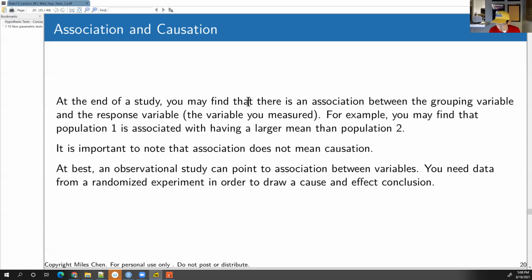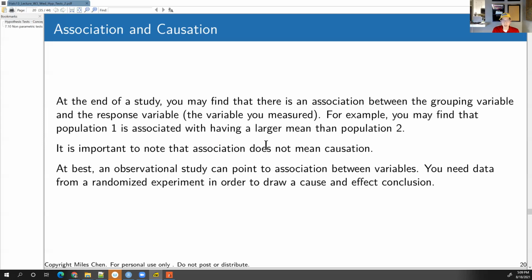Now it's important to note that just because you do find an association doesn't mean that one thing causes the other. You can't say that just because somebody belongs to this group, that's going to cause them to have a larger or smaller value than someone in the other group. Association does not mean causation, especially in an observational study.